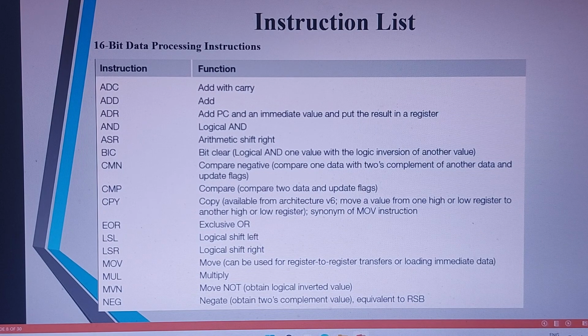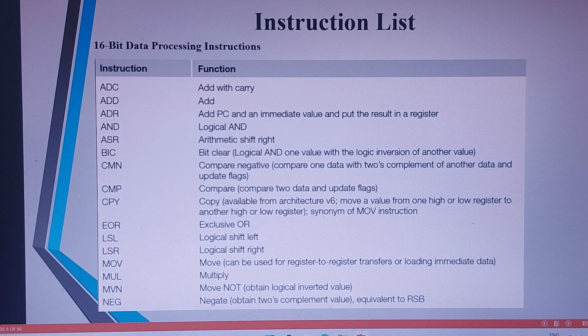It is similar to the move instruction, but it can also be used in some cases for copying. Initially in V6 it was there, but however instead of using CPY directly we can use MOV also.